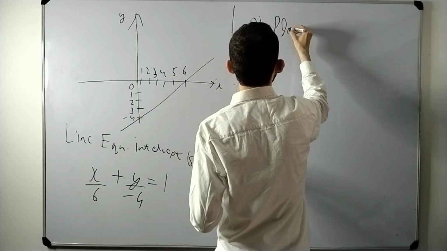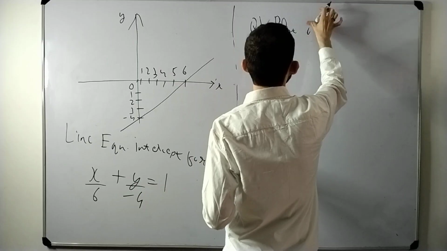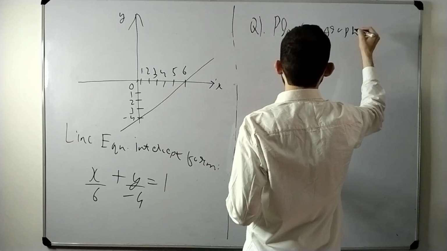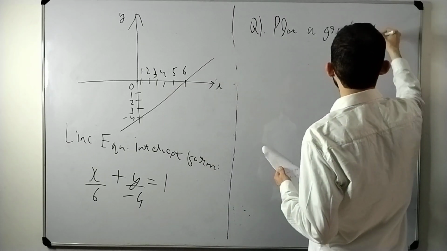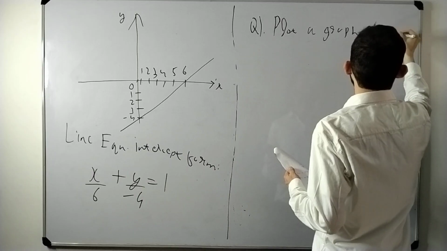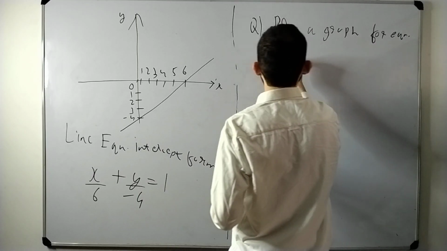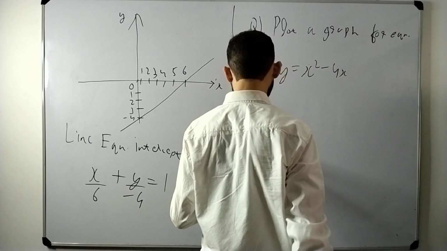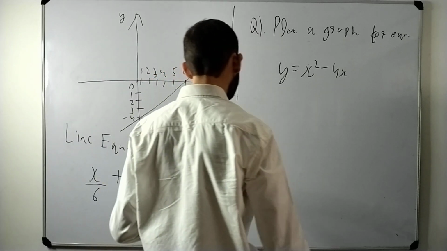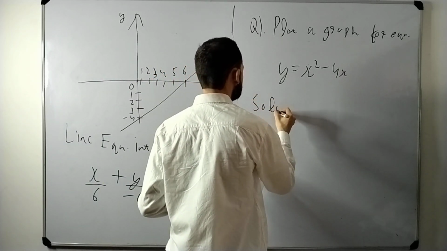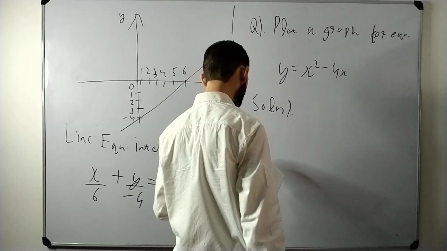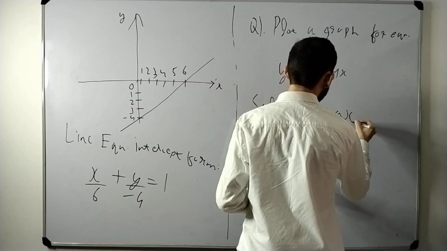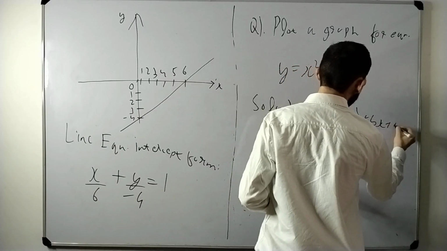Plot a graph for the equation y equals x square minus 4x. Solution. y is ax square plus bx plus c.